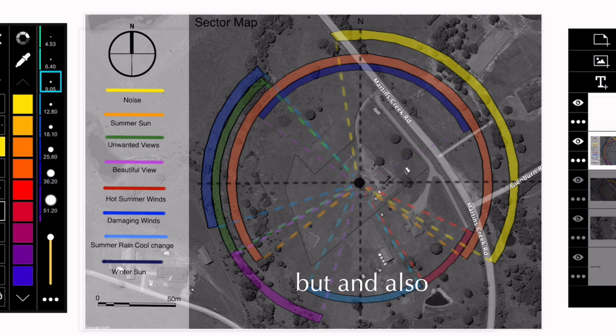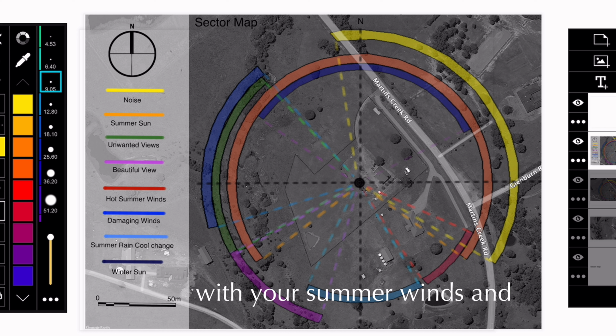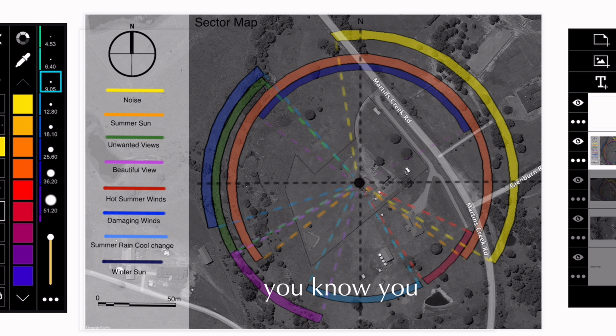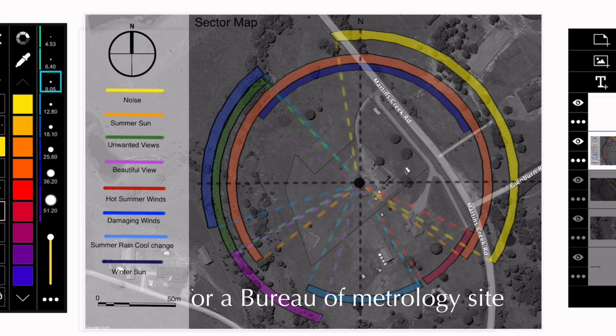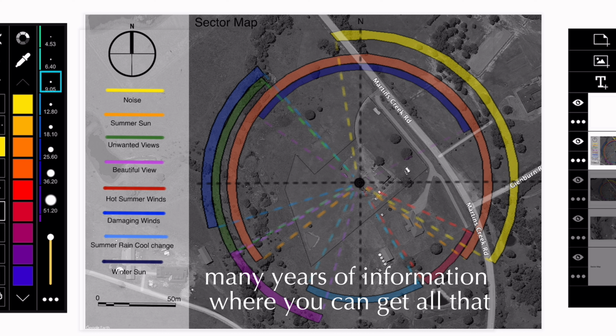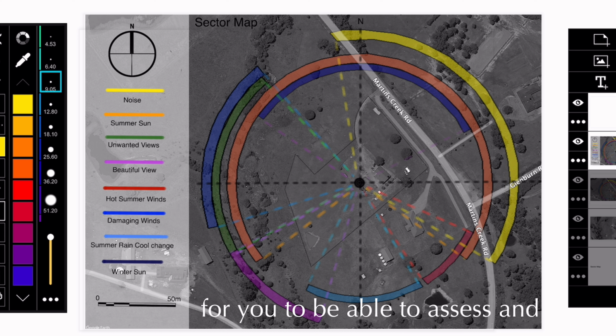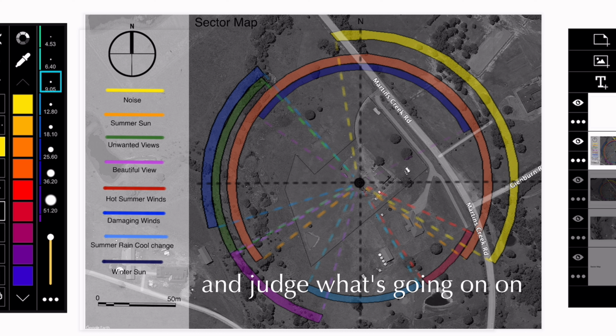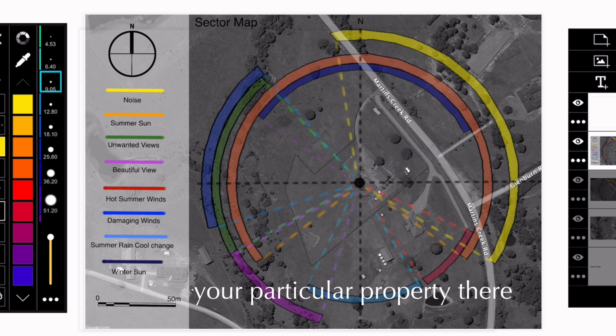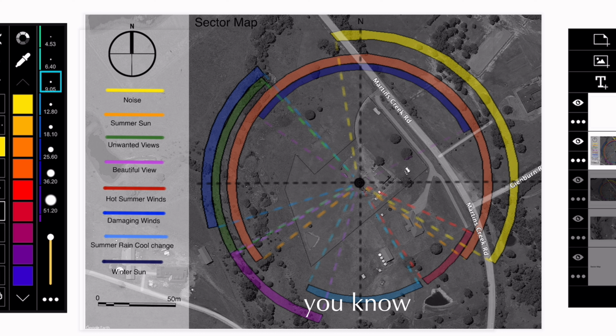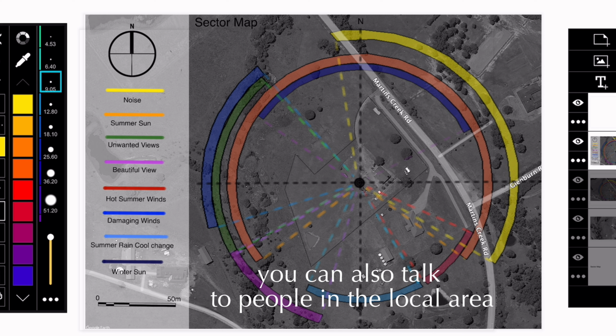And also, with your summer winds and your damaging winds, you can get those from any weather or a Bureau of Meteorology site. They normally have many years of information where you can get all that to be able for you to assess and judge what's going on your particular property there. I mean, you can also talk to people in the local area.